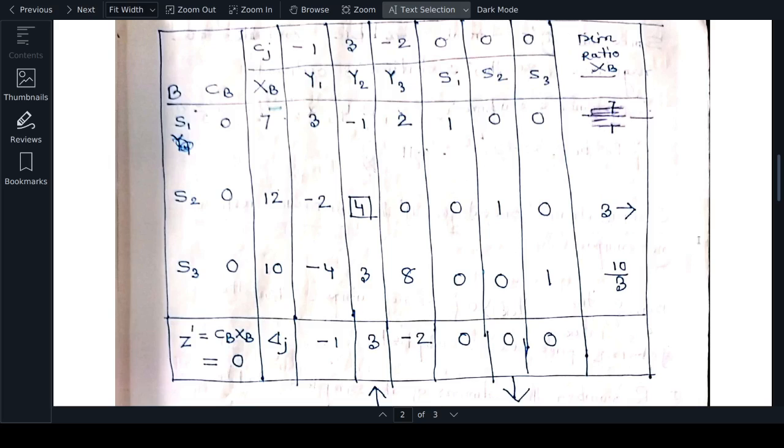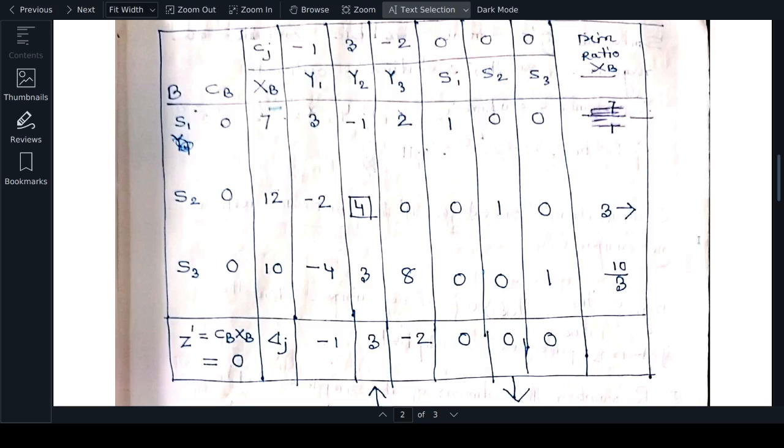Max z dash is minus x1 plus 3x2 minus 2x3, and you will remember plus 0 into s1 plus 0 into s2 plus 0 into s3. I have not written it here, you can write also, no problem. So x1 coefficient is minus 1, x2 coefficient is 3 and x3 coefficient is minus 2. Then s1, s2, s3 coefficients are 0.